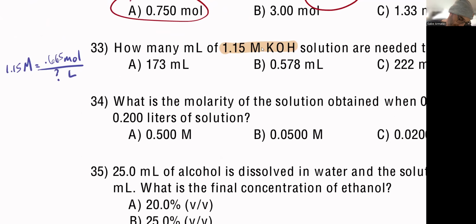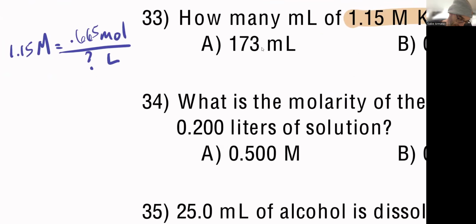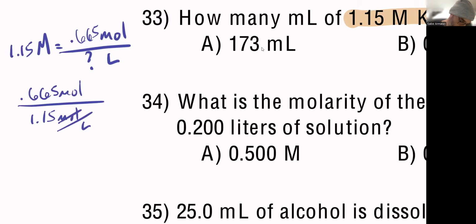So my question is, how many liters? And so we can do this math. I can switch those two. And ultimately, what you end up with is 0.665 moles divided by 1.15 moles per liter. Moles cancel, leaving me with liters. So 0.665 divided by 1.15 gives me 0.578.